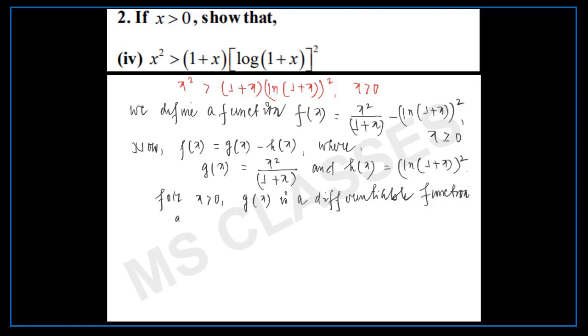And h(x), being a square of a logarithmic function, is also differentiable.